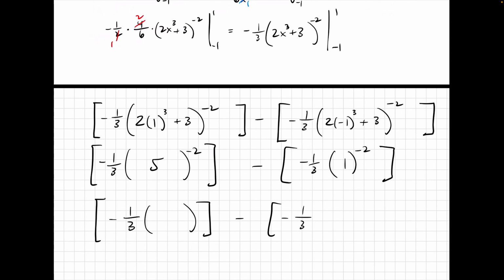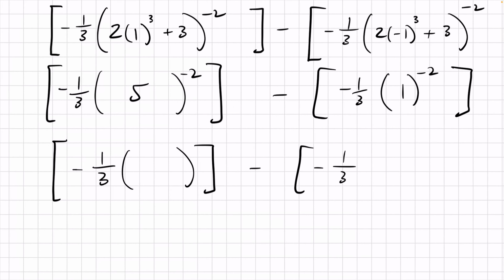Yeah, the inside's a third power, the outside's negative 2. Yeah. Okay. So how do I take something to the negative 2 power? You move it to the bottom and square it. Yeah, that's all you're doing. You're just taking the reciprocal and squaring it. So this would be 1 over 25, and this would just be 1 over 1, or 1.